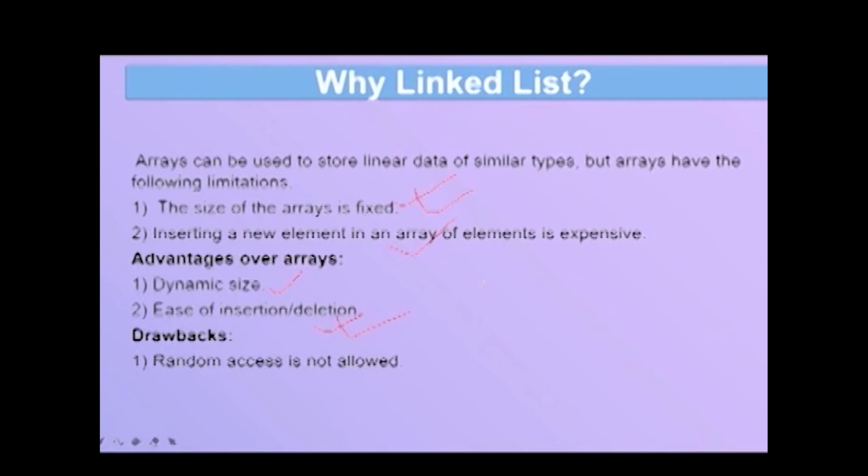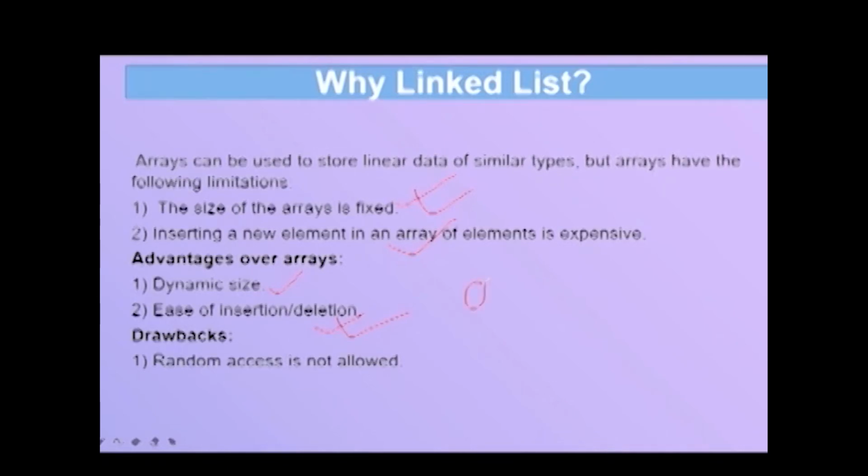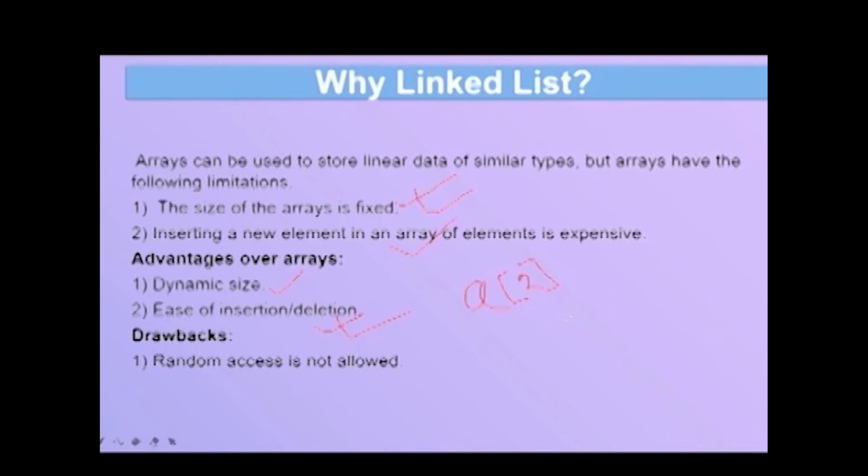So in an array we can directly access a value or a node by indexing, right? We can access the second index of the array, but we can't do this in a linked list. Why?